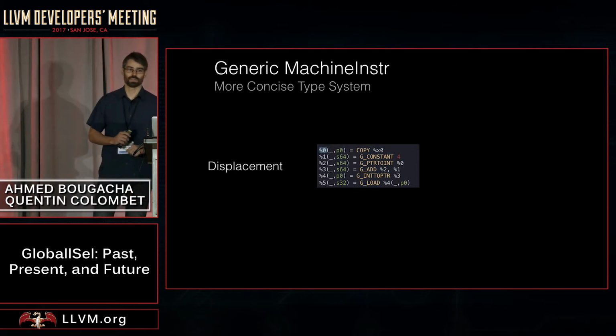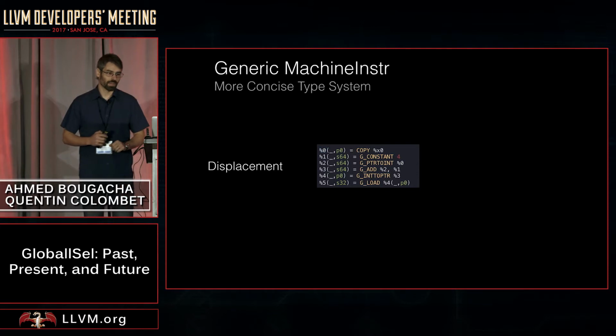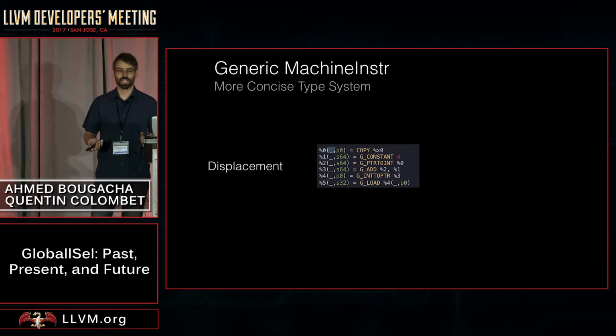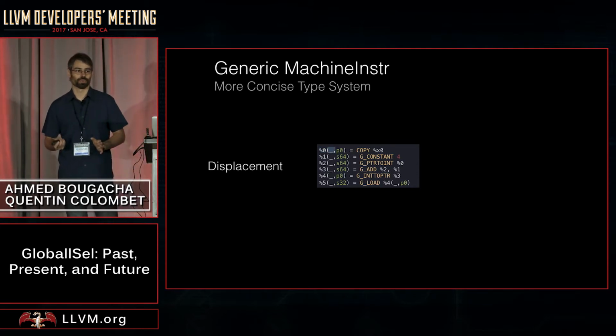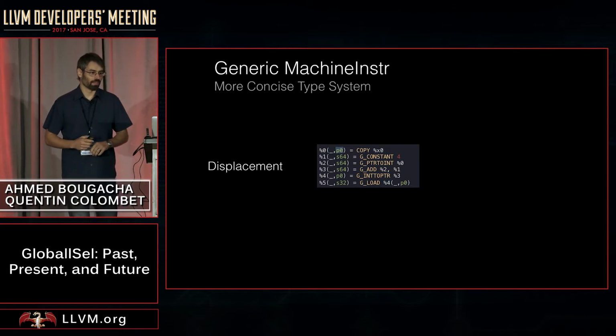One thing that's special here is this guy. The percent numbers are the virtual registers. Then they have this underbar here, which is just a placeholder for the register class or the register bank of the virtual register. At this point, that means that this virtual register is not assigned to something that we know. Finally, the special thing is the type.